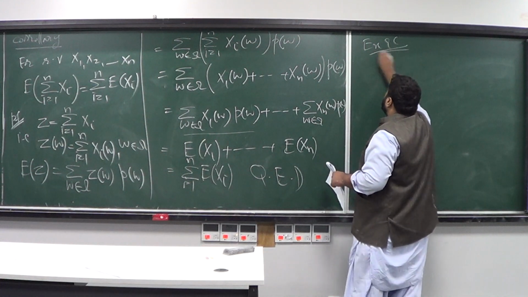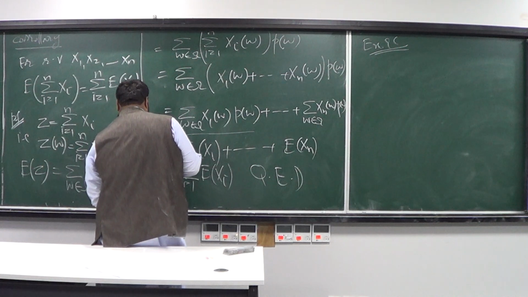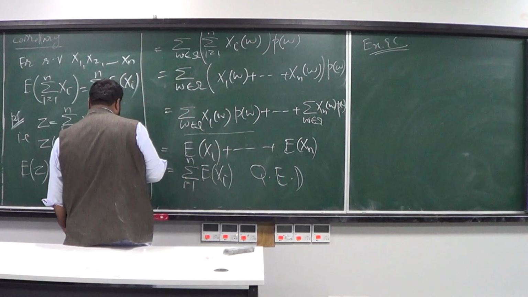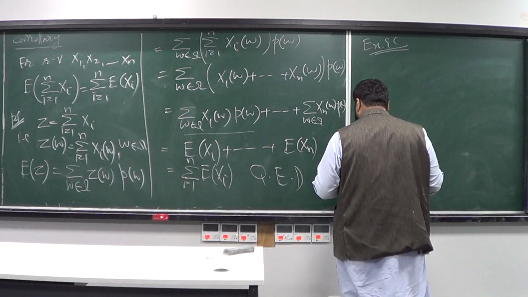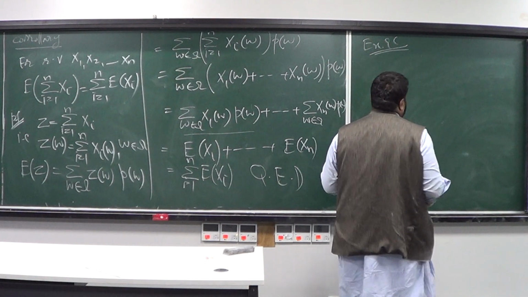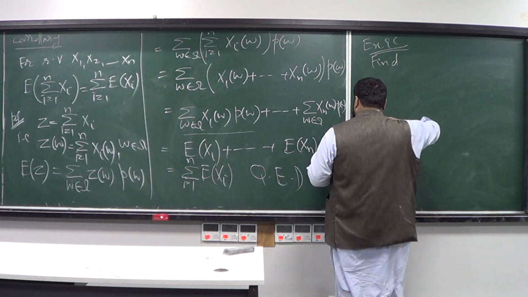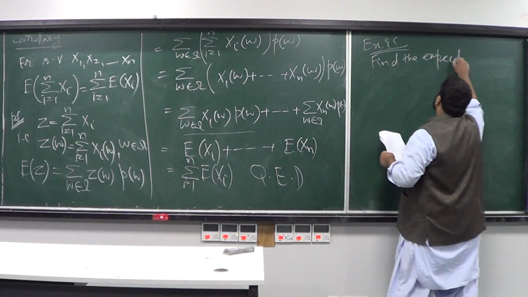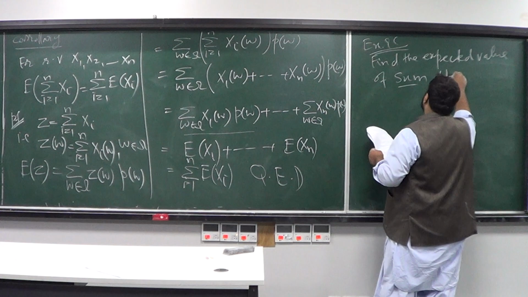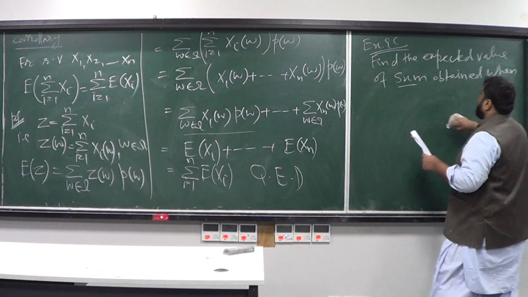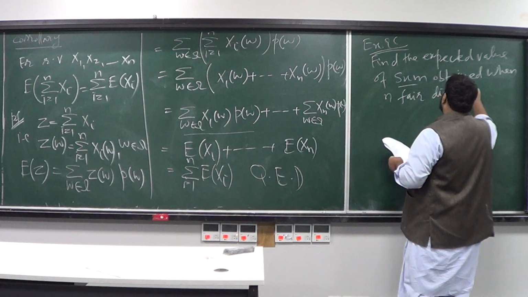So here's an example, 9c from Ross. So this says: find the expected value of the sum obtained when n fair dice are rolled actually.